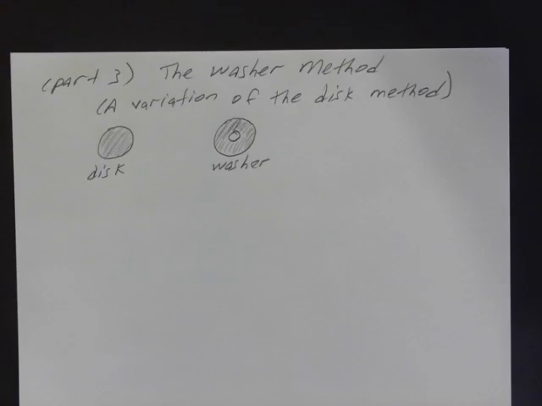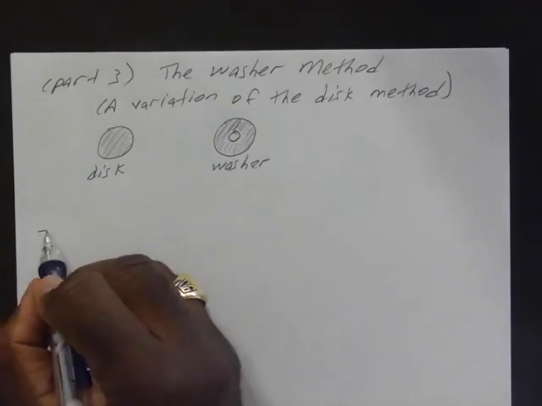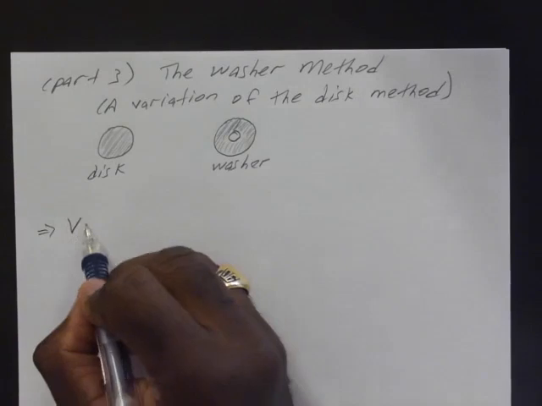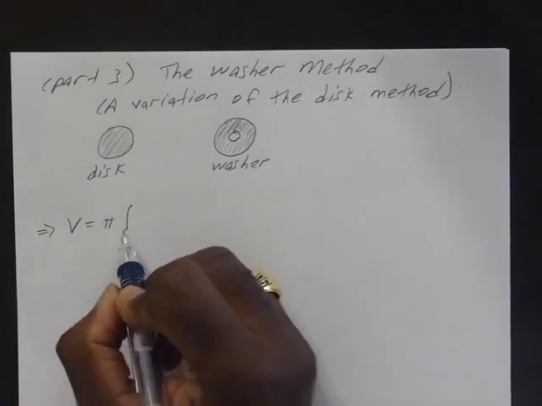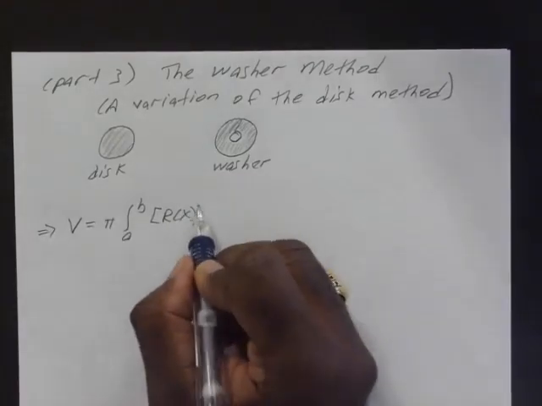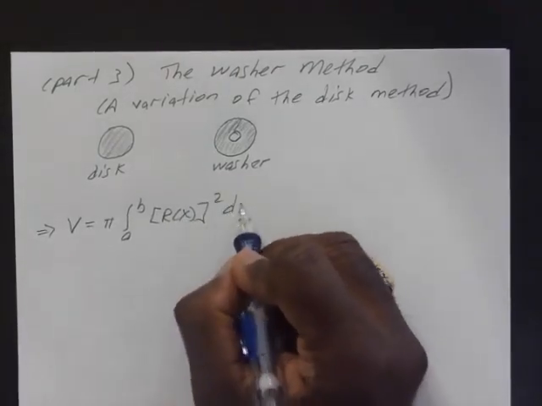Okay. Now the difference between the formulas really isn't that big if you compare the two. So remember, for the disk method, the volume equals pi times the integral from a to b of our radius function squared with respect to x.